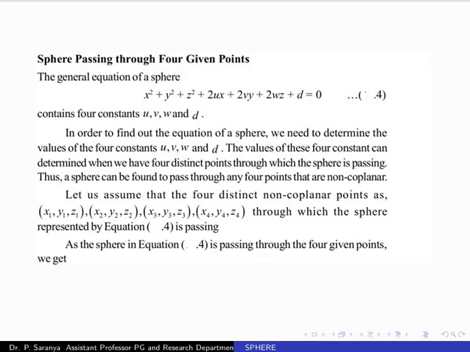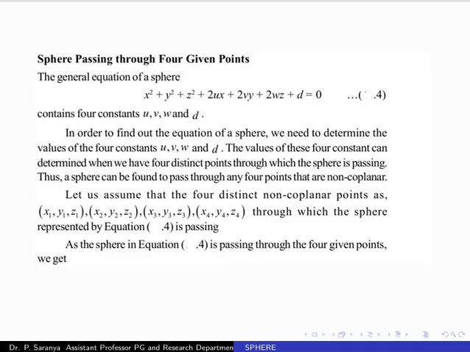In order to find the equation of a sphere, we need to determine the values of the four constants u, v, w and d. The values of these four constants can be determined when we have four given points through which the sphere is passing. Thus, a sphere can be found to pass through any four points that are non-coplanar.